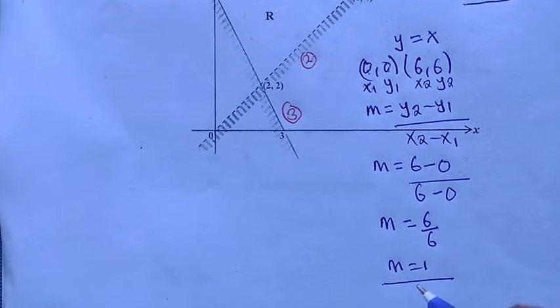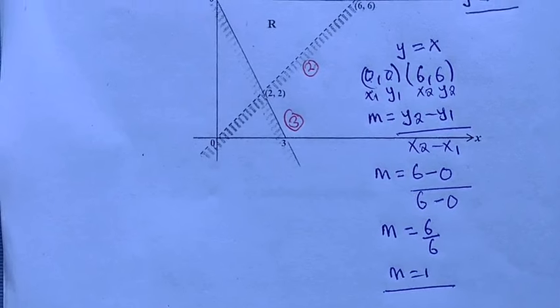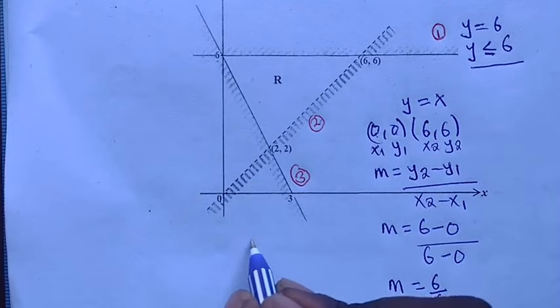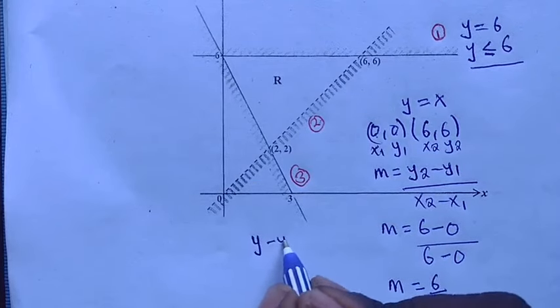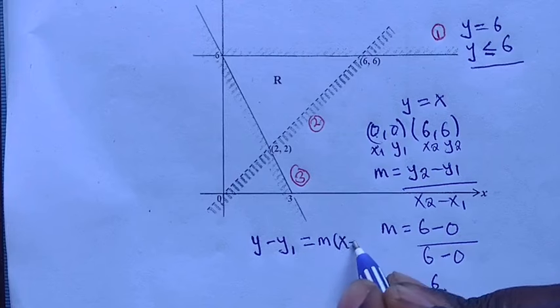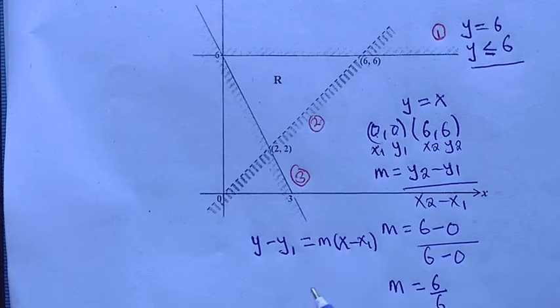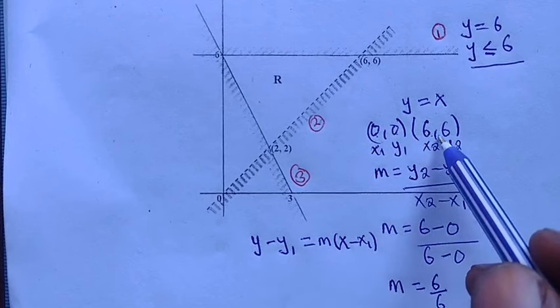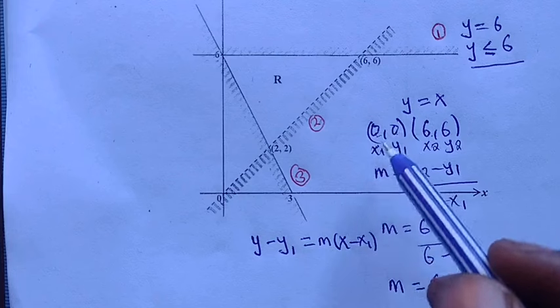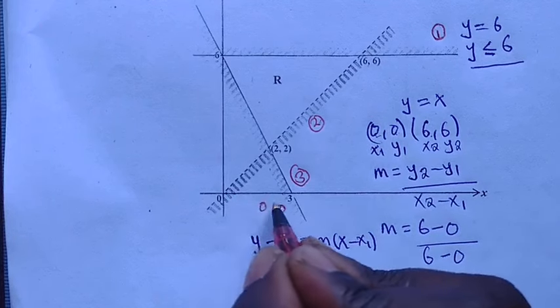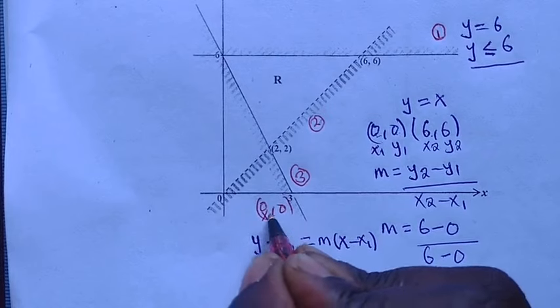Okay, so you can now use this gradient to find the equation of the same straight line for this one. To find the equation of the straight line, we are going to use this formula, y minus y1 equal to m open bracket x minus x1. Then from here, we add these two coordinates. You can pick any. So let me just pick 0, 0 for easier calculations. So this is x1.